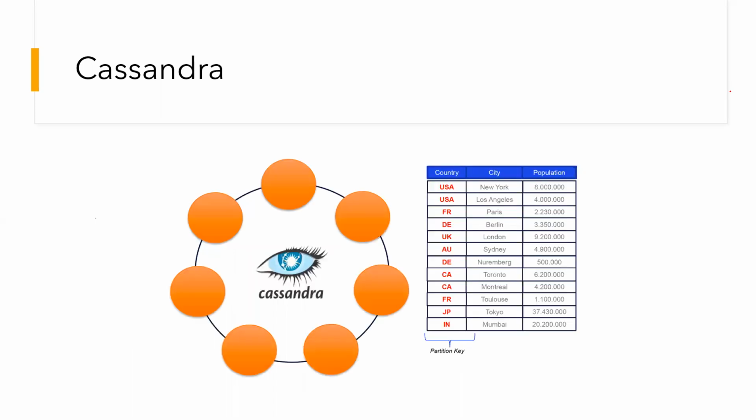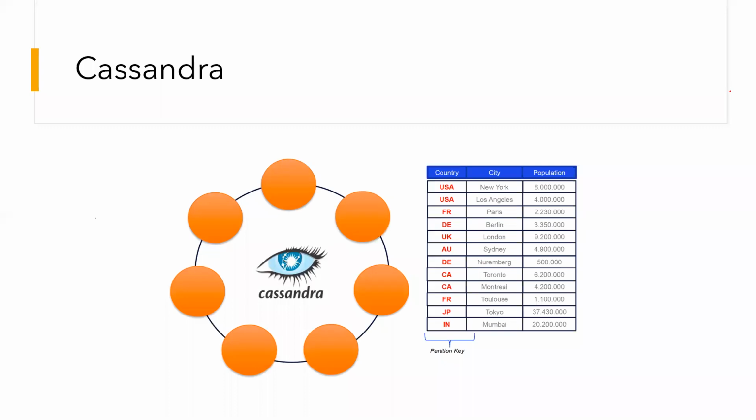Having said that, in general we might have seen this picture quite a lot. It has multiple nodes in a ring, and we are looking at data coming in, where the data is defined with a partition key.